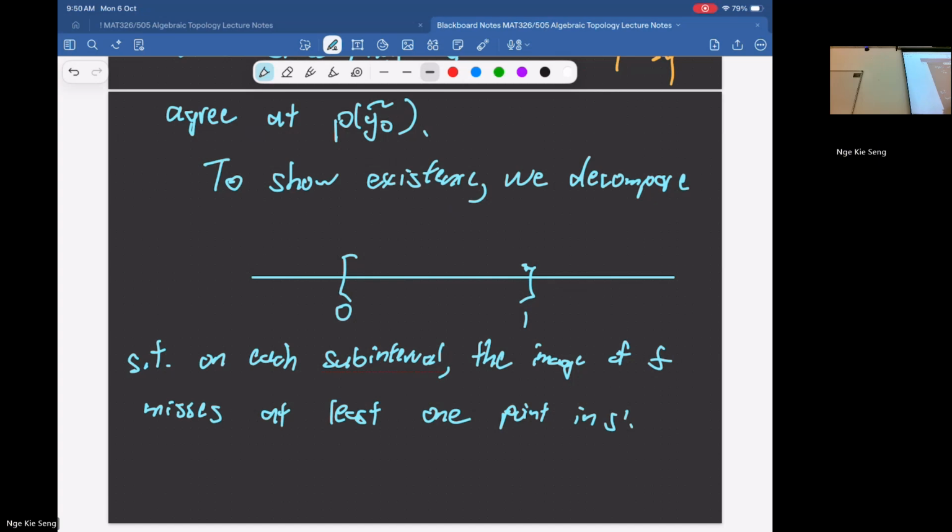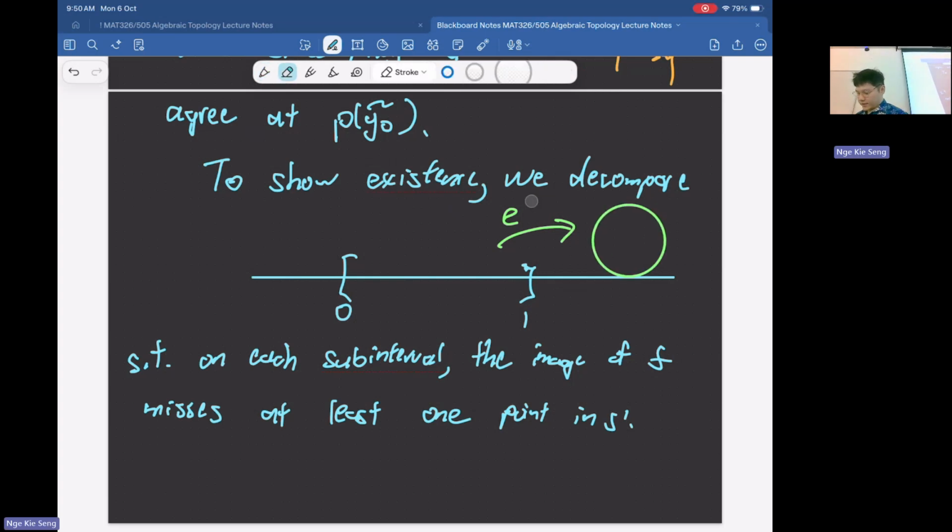Let's say the usual one, e to the 2 pi it, to this circle here.